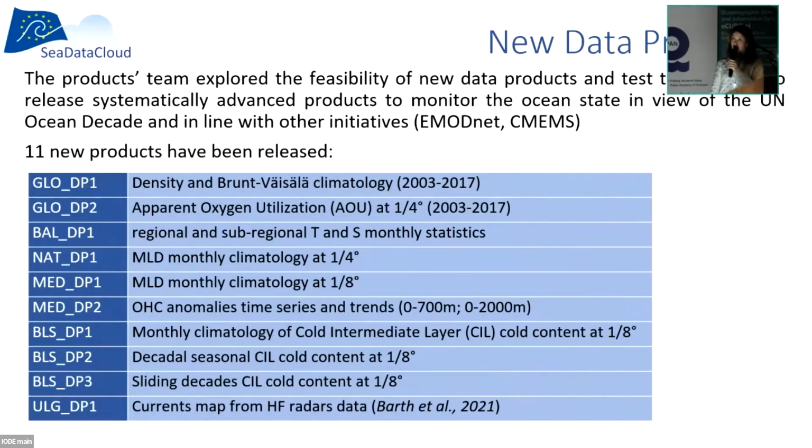In the table, you have all the new products that have been released, like density climatology, apparent oxygen utilization for the global ocean, monthly statistics for the Baltic, the mixed layer depth climatology for the North Atlantic and the Mediterranean, ocean heat content anomalies time series and analysis for the Mediterranean, the Black Sea cold intermediate layer content, and current maps from HF radar produced by the University of Liège.